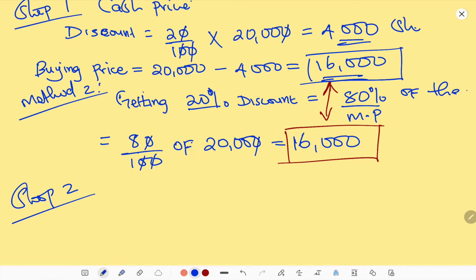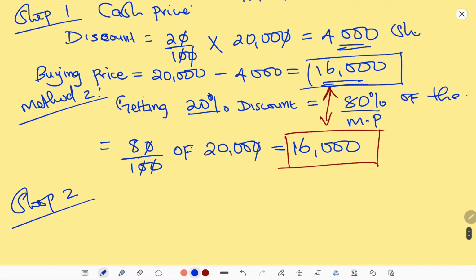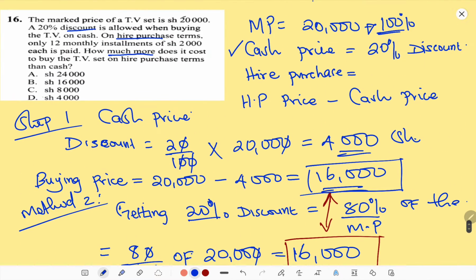Step number 2, we are calculating the hire purchase. Let's call it HP. Going back to the question, the hire purchase is 12 monthly installments of 2,000 each.